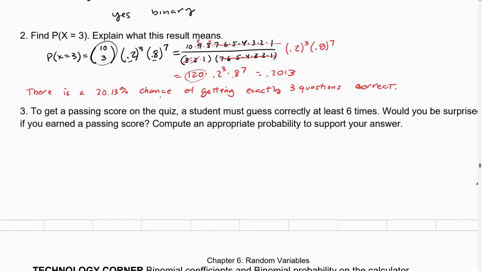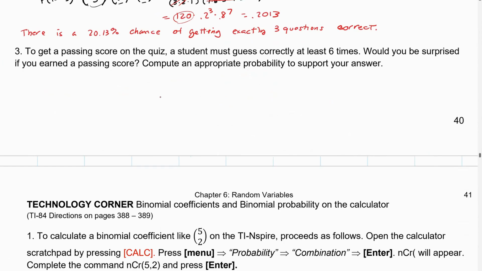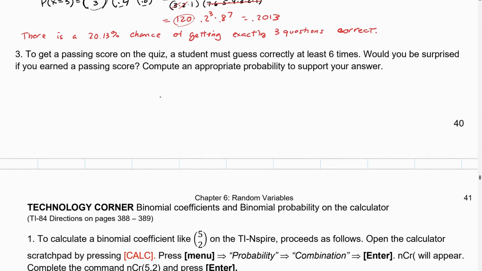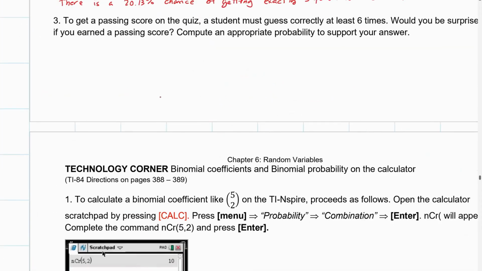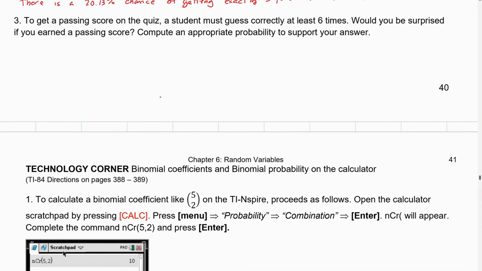During a passing score, a student must guess correctly 6 times. Would you be surprised of earning a passing score? Compute the appropriate probability to support your answer. Well, what are we asking for? We're asking for the probability of the number of answers correct being greater than or equal to 6.